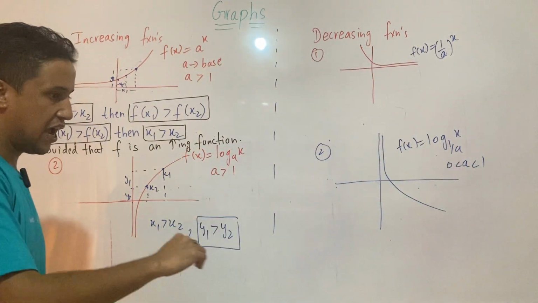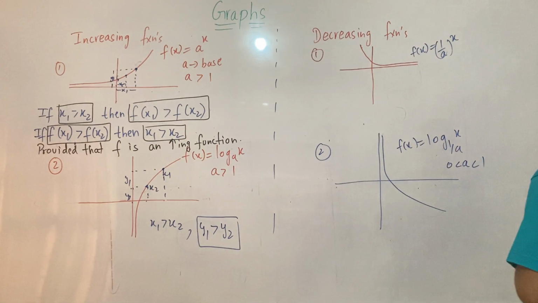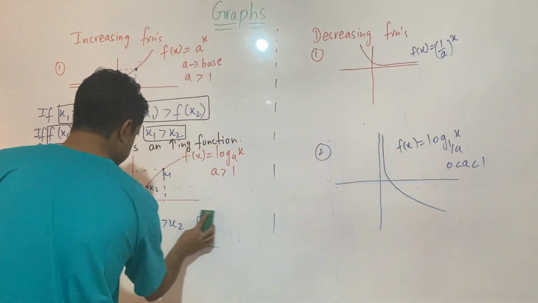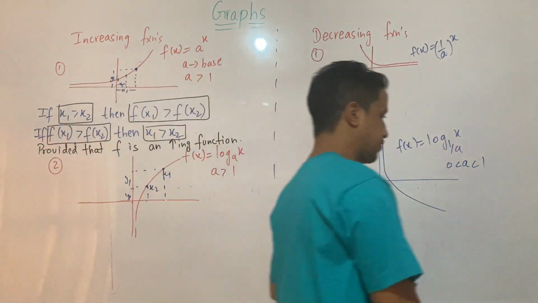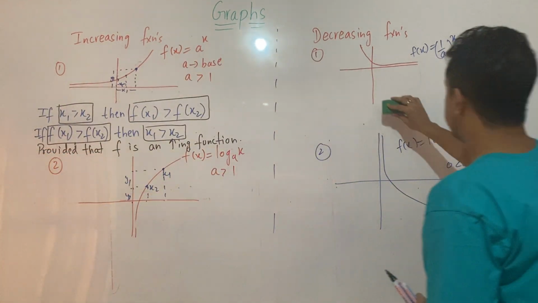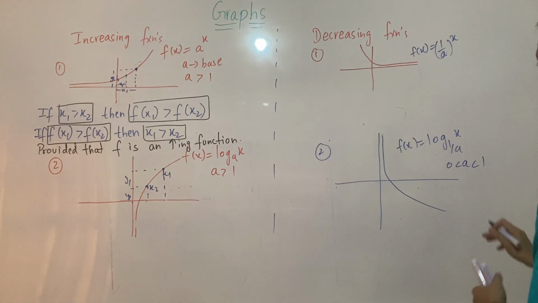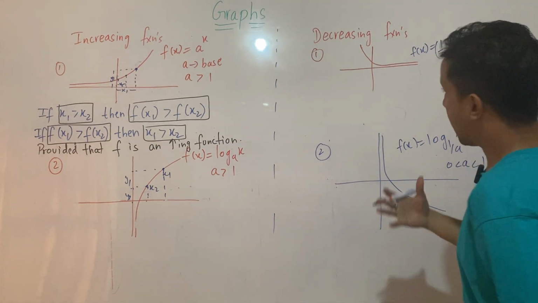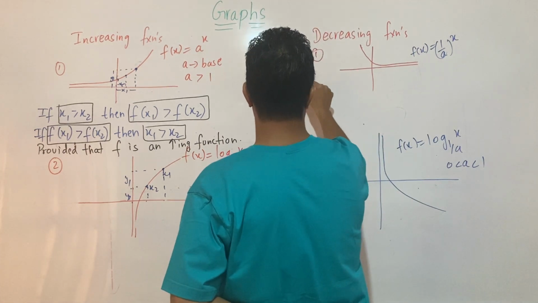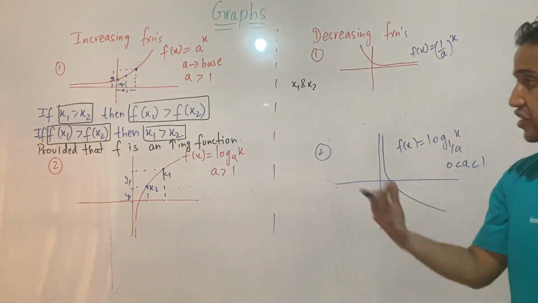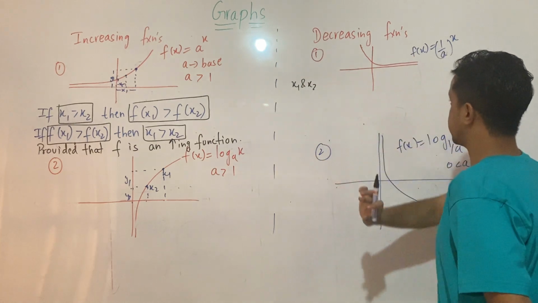Okay, now go to the decreasing functions. Now in decreasing functions, again, you take any two values, for example, x1 and x2, such that x1 is greater than x2.